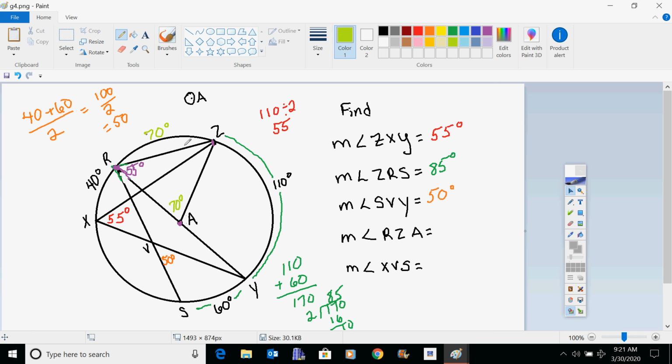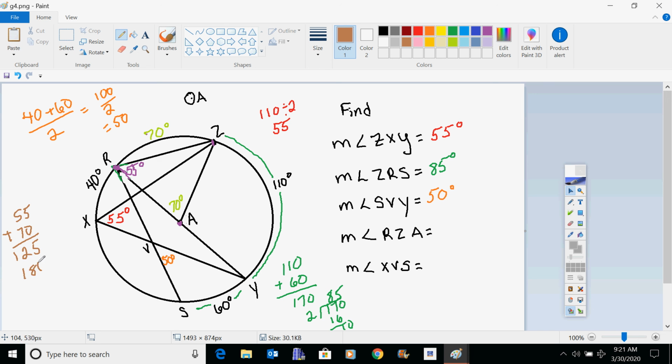And we're looking for angle RZA. So when you have a triangle, don't forget that in a triangle, you can add up the 3 angles and they have to give you 180. So you've got 55 plus 70, 125.